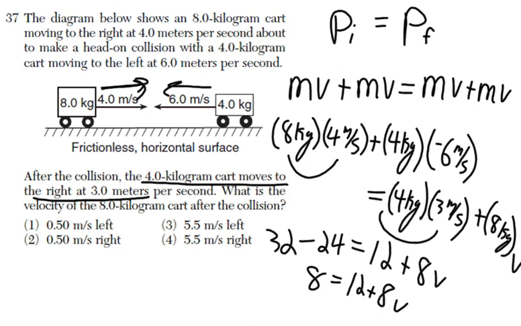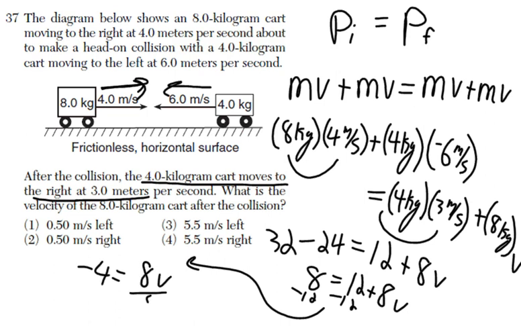We're going to subtract the 12 from both sides. Minus 12, and I'm running out of room here, so I'm going to bounce over here. Negative 4 is equal to 8v. When you divide both sides by the 8, we get v is equal to negative 0.5 meters per second.